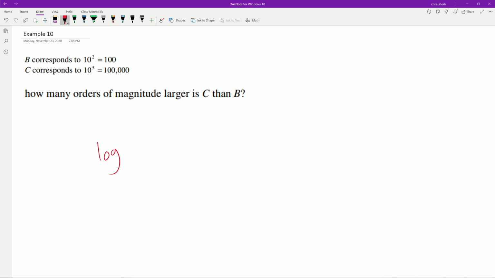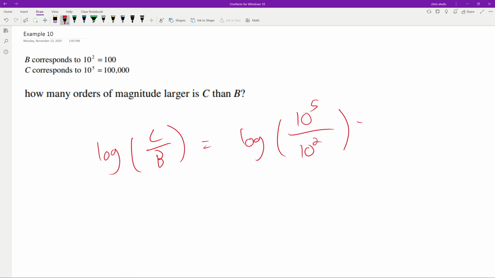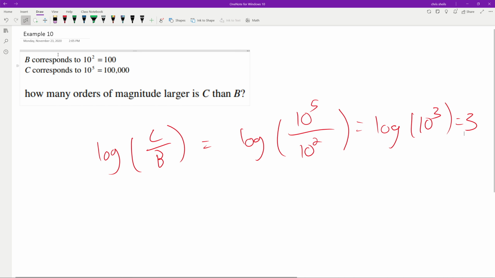Well, this is just going to be log of c over b. This is log of 10 to the fifth over 10 squared, which is log of 10 to the 5 minus 2, or 3. Then this is 3. So 100,000 is 3 orders of magnitude larger than 100.